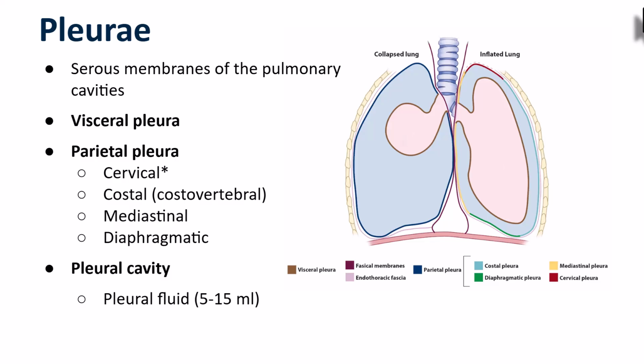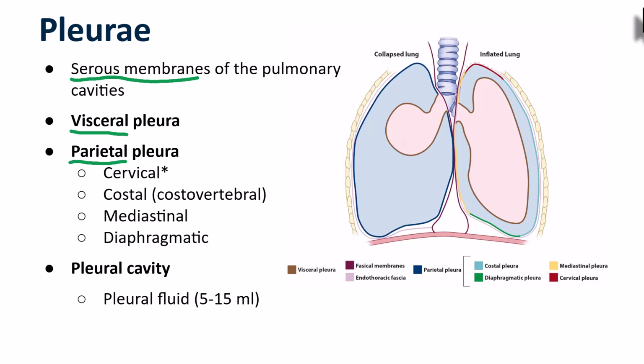If you recall, a serous membrane lines a cavity, and there are two distinct types or parts to any serous membrane. There is the visceral part, which covers the viscera, and then there is the parietal part, which lines the cavity wall.